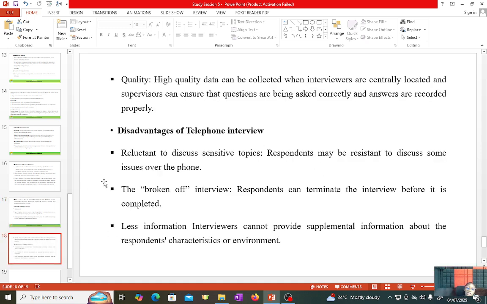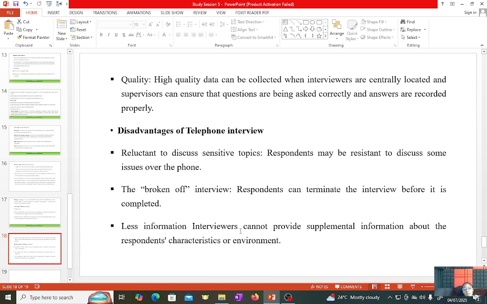The disadvantages: respondents may be reluctant to discuss sensitive topics over the phone. The broken off interview. Respondents can terminate the interview before it is completed. Less information.